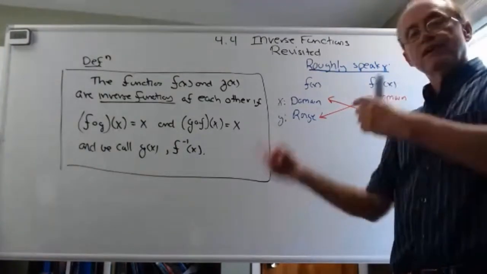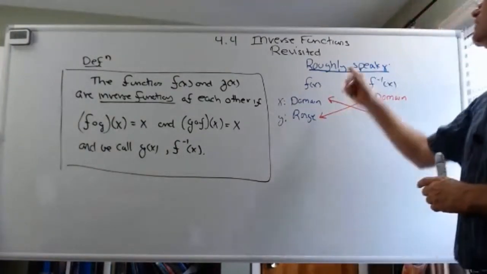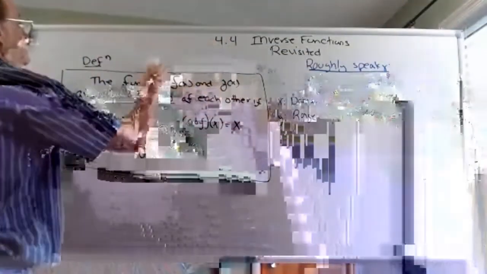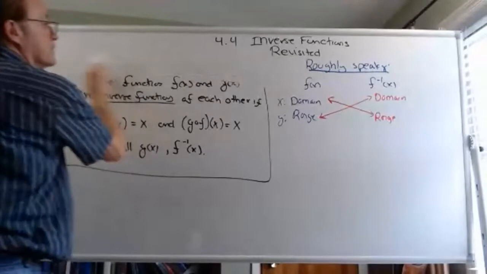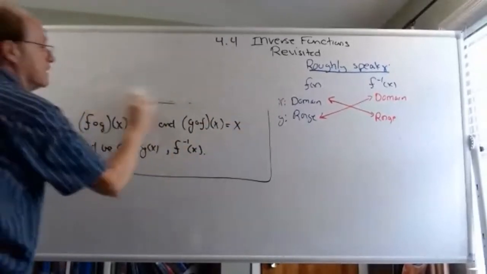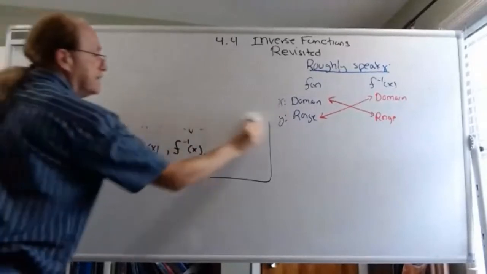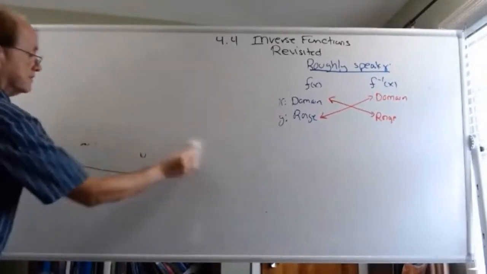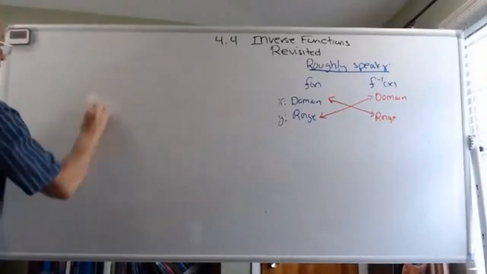You can see their domains and ranges flip, roughly speaking. And we'll take a look at that as we go along. Okay, so that's another important point that we need to be aware of. Now let's take a look at some examples. How do we apply this test to see if two functions are indeed inverse functions of each other?